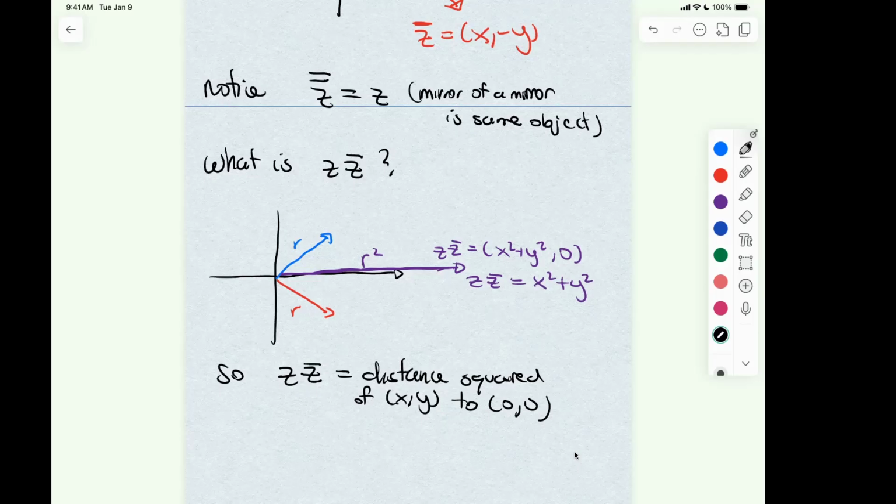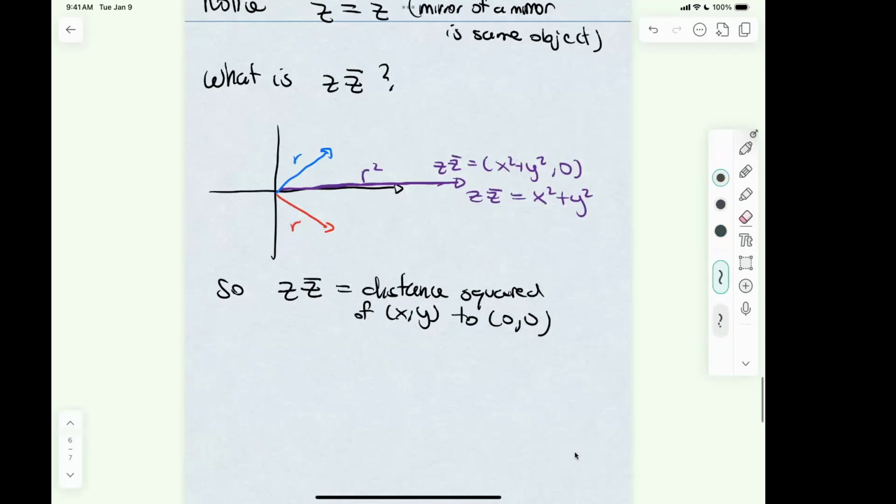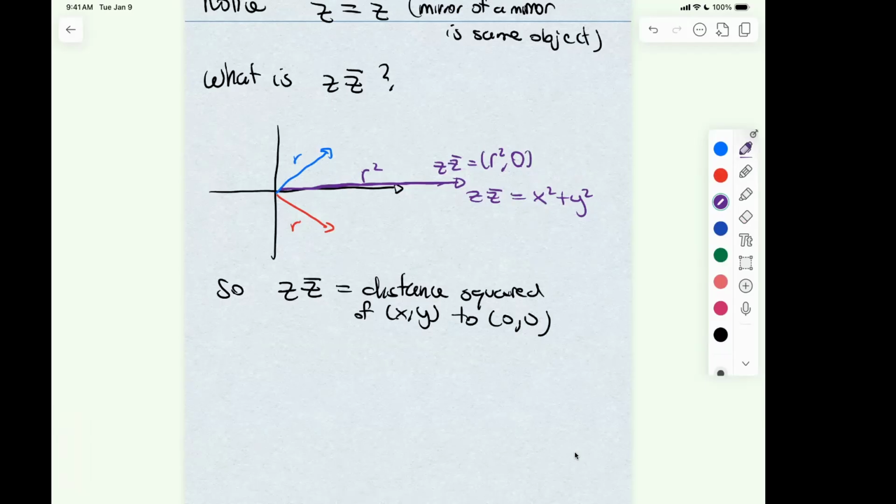This number should be r squared comma 0, because if it is on the x-axis, y has to be 0, and its distance to the origin has to be r squared. The entire distance has to be contained in the first entry.